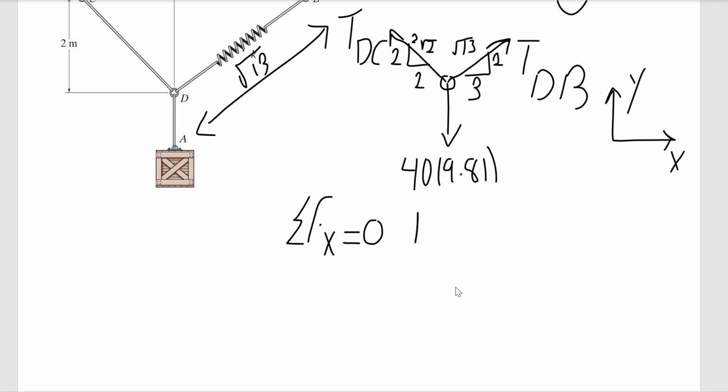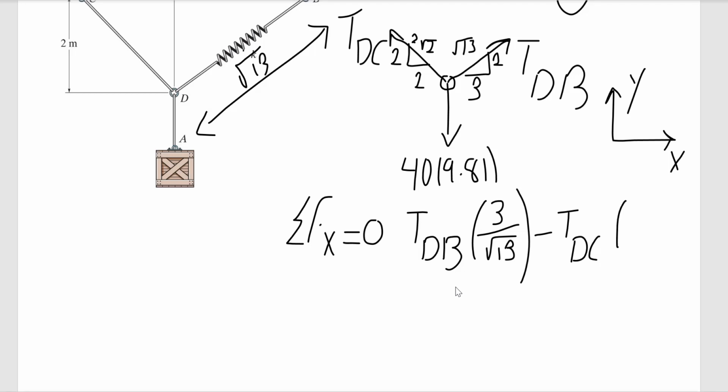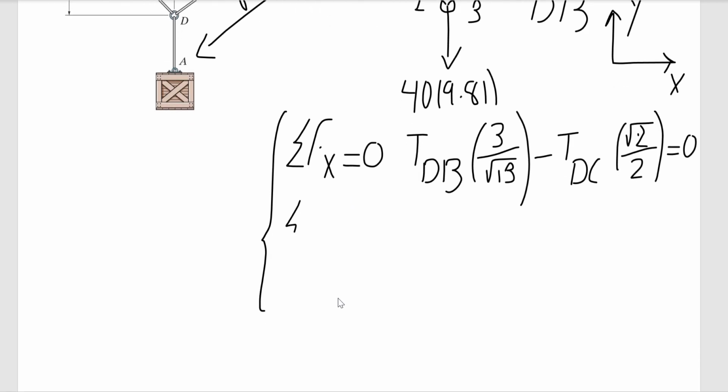So that would be TdB 3 over square root of 13 minus TdC horizontal component 2 over 2 square root of 2. Or I could just simplify it, right? The square root of 2 over 2, equals 0. That's my first equation.